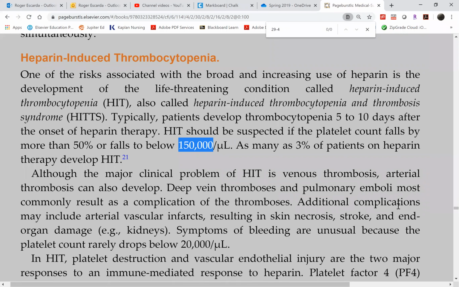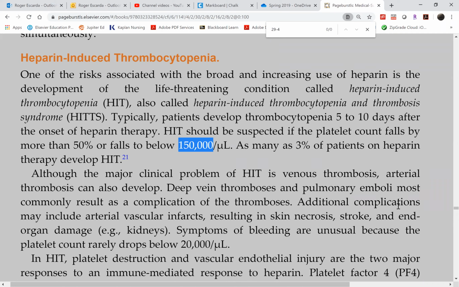The incidence is rising because we're using heparin more often now, but it's just a luck of the draw because we don't screen people for the HIT antibody. It's expensive. I don't know if someday we will, but right now we're not screening before we give heparin.